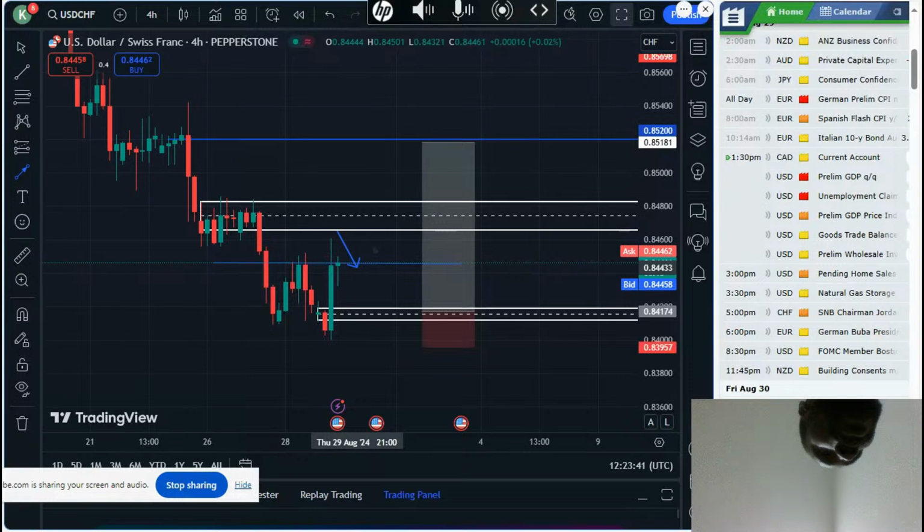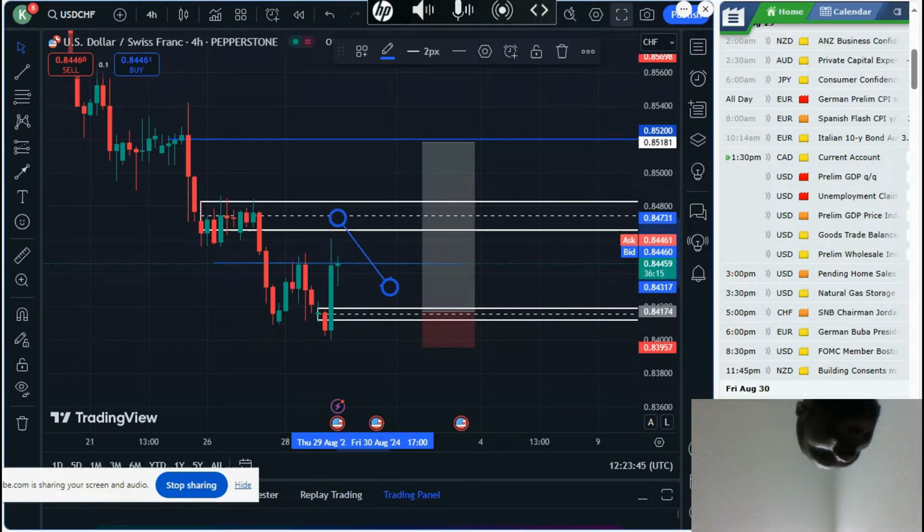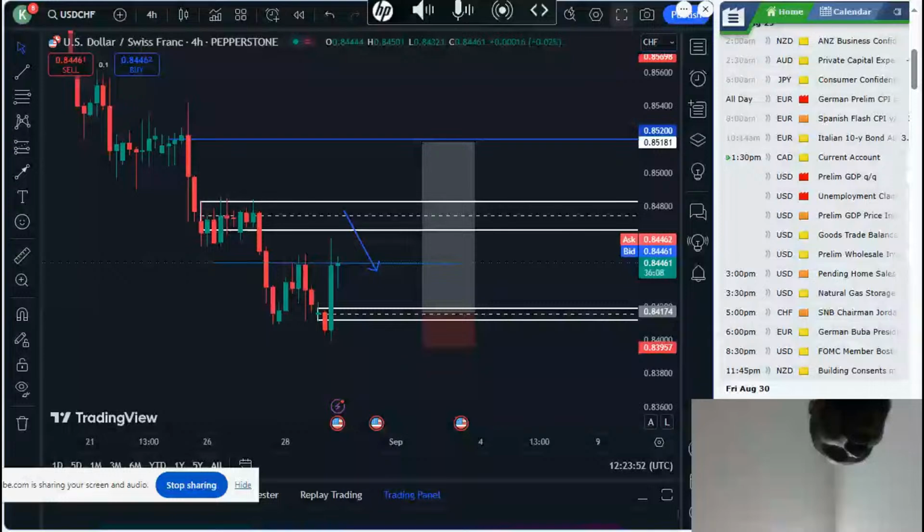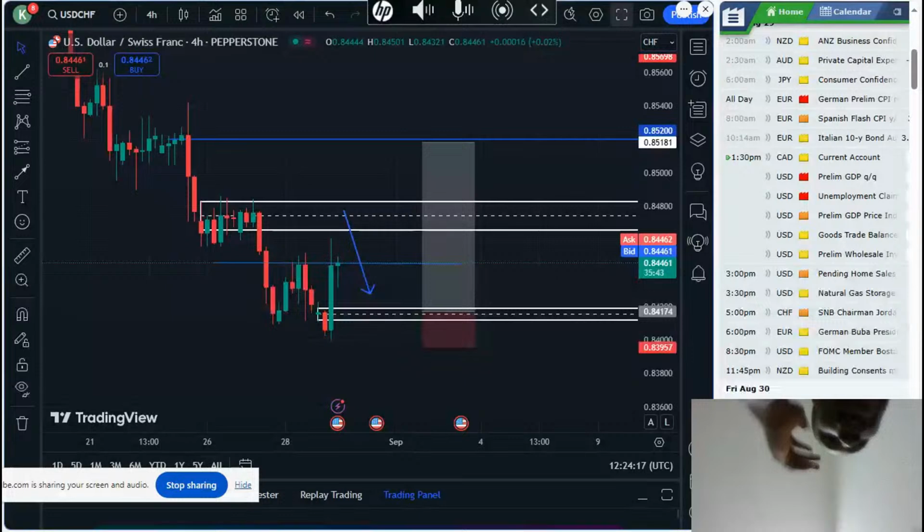I'm looking at the resistance in this area, and I'm looking at the market to tap into either of two zones, my resistance and my support. So I'll be dropping another signal on the USD Swiss franc again. Quickly put a buy limit on USD Swiss franc.